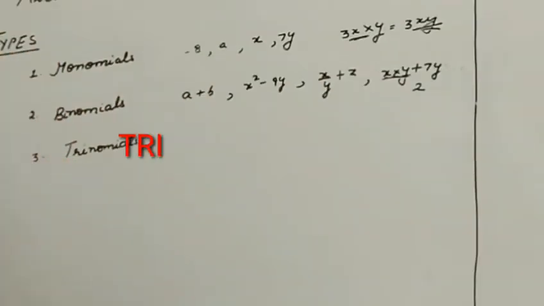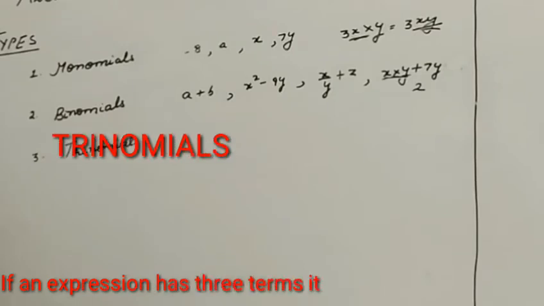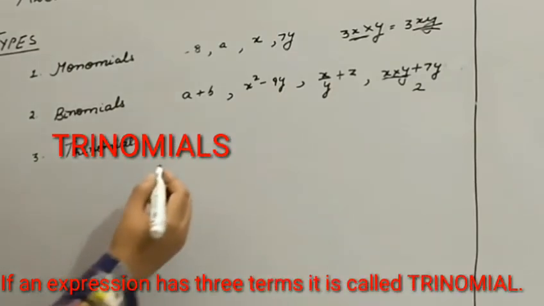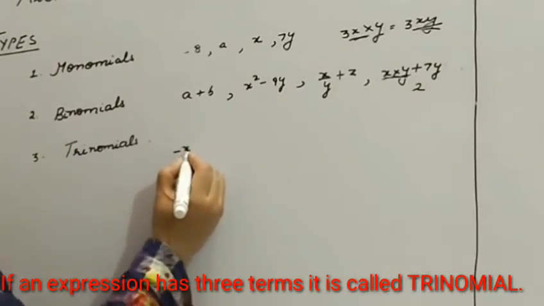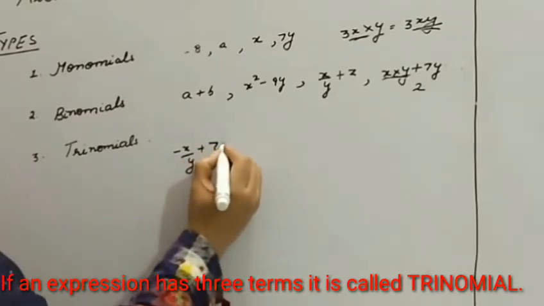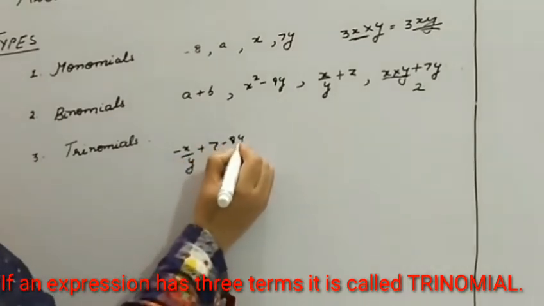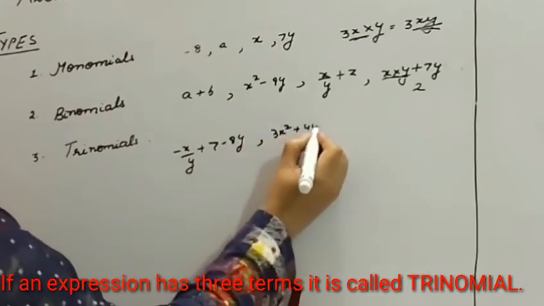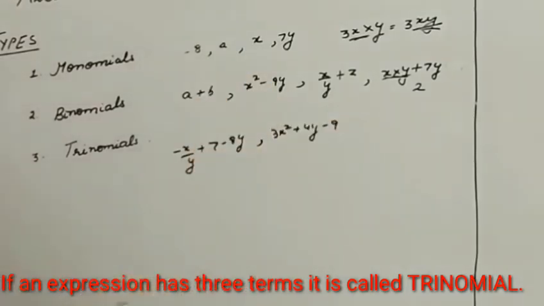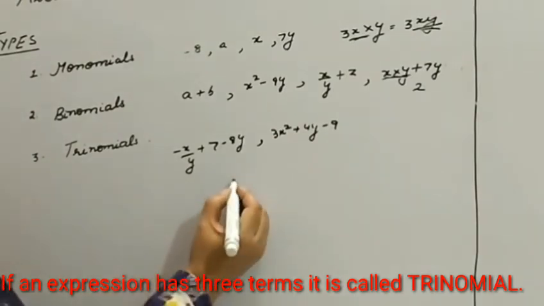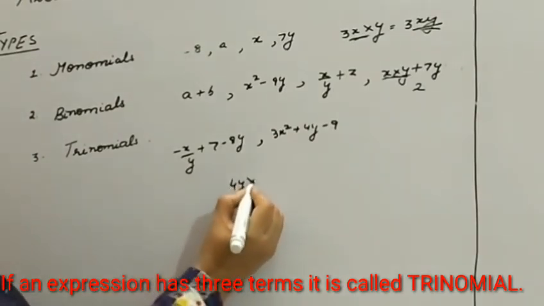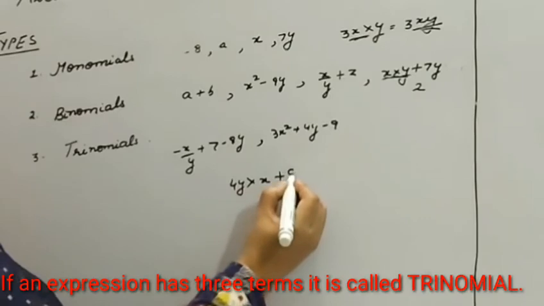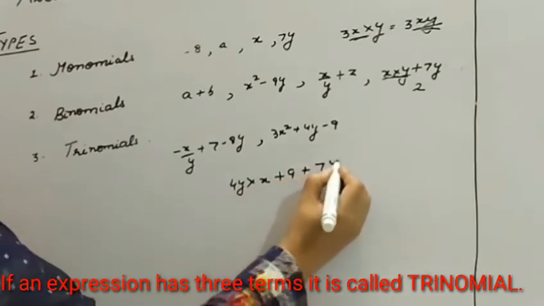Next, trinomial. An expression, if has three terms, it's called trinomial. Some examples like minus x by y plus 7 minus 8y, or you can say 3x square plus 4y minus 9. Let me set one example. 4y into x plus 9 plus 7y.